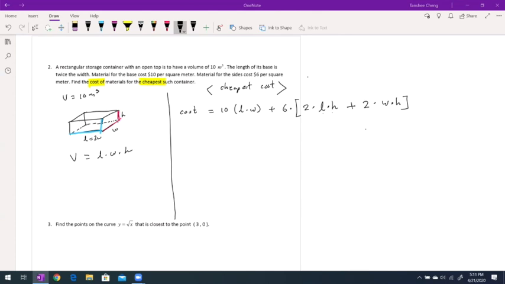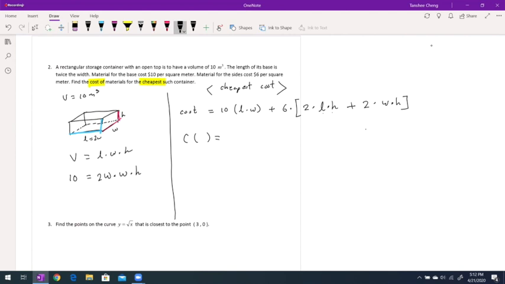Okay. So this meeting is being recorded. Now what we want to do is write a cost function with only one variable. That will really depend on what information we know from the problem to manipulate it. The problem tells us the volume of this box is 10 meters cubed. And we already know that the length is 2 times the width, and then the width times the height.